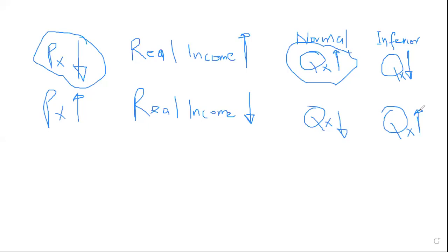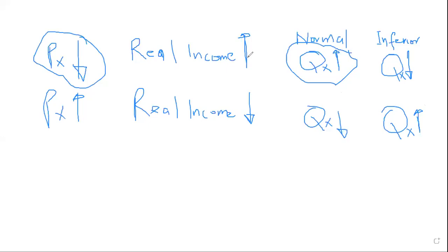Now, I was going to make this point that in some textbooks, they analyze the income effect from the perspective of the change in the real income. So please, I want you to take note of this.